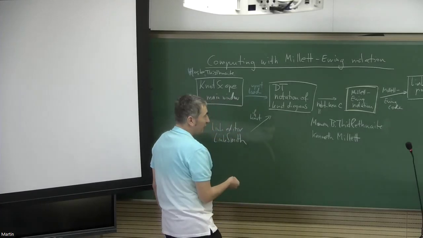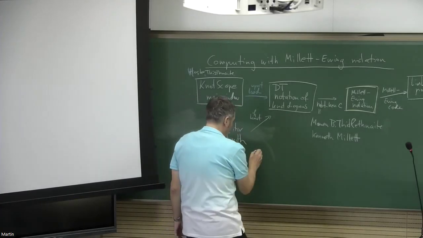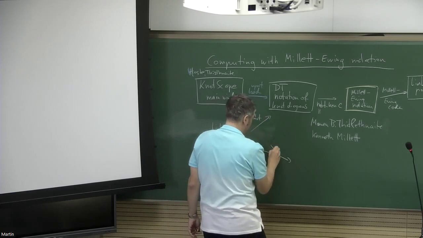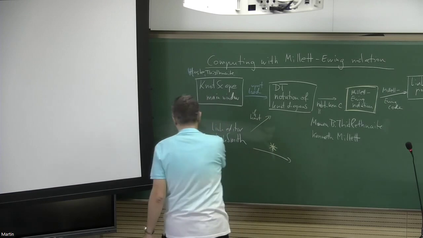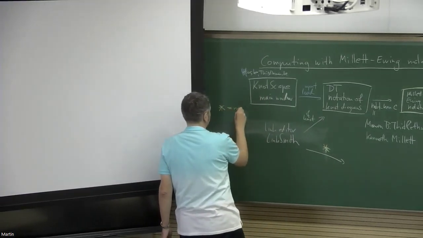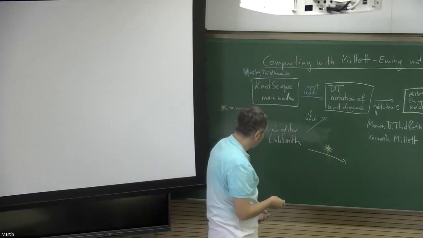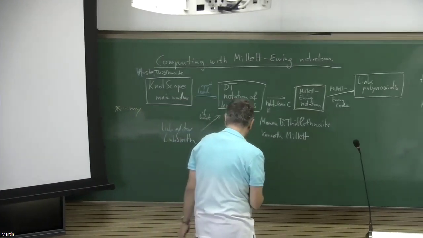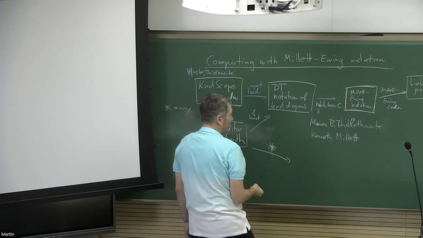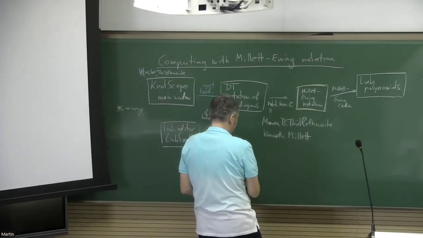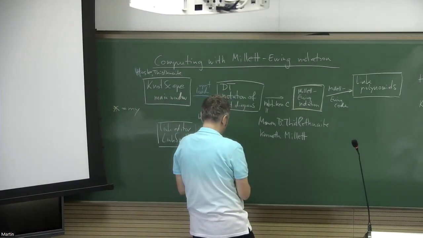But then I wrote my own code. Let's say when I put a star, this is my stuff. I wrote a code so that if you have a Linksmith diagram, then you can get Dowker-Thistlethwaite Millett-Ewing notation from that.